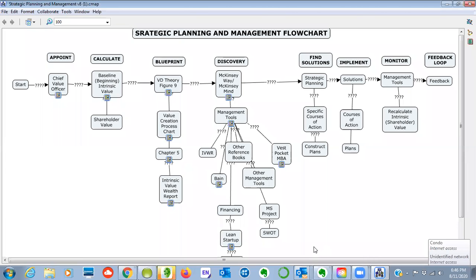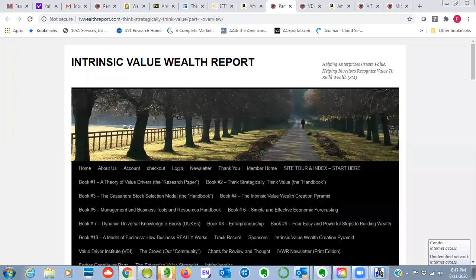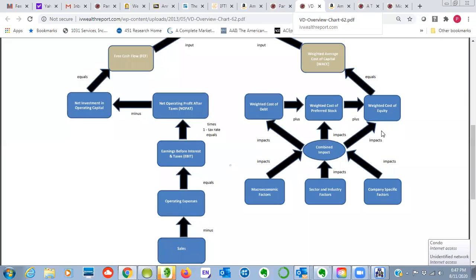Okay, so then we go through a discovery process, discovering where we are and where we need to go. That's really going back to the chart here. There we go.